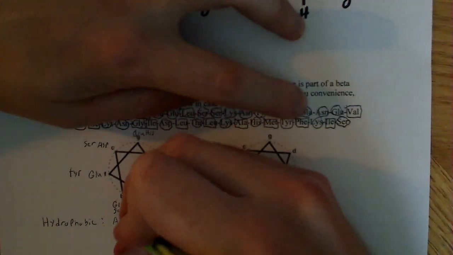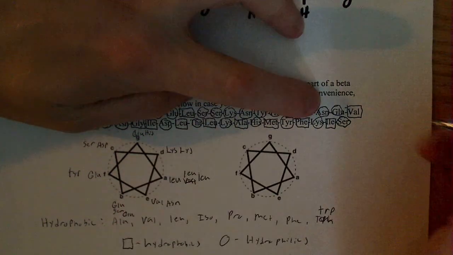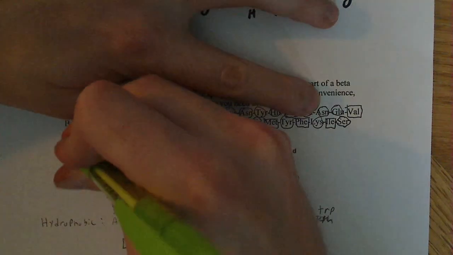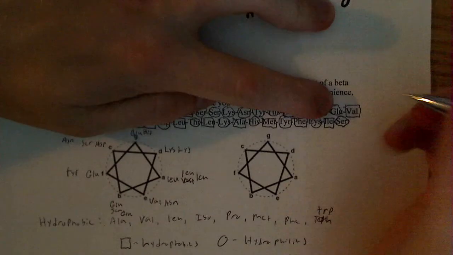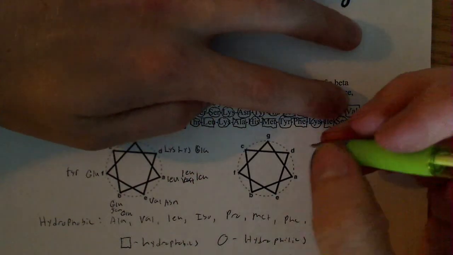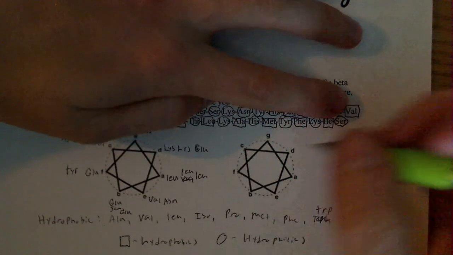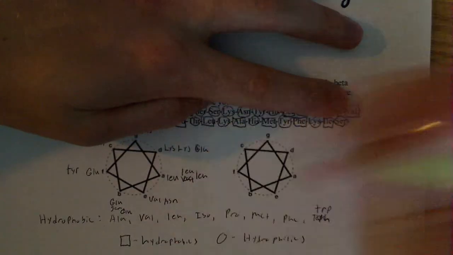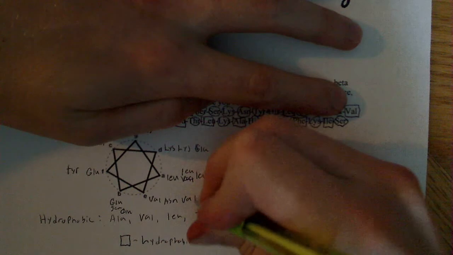And back to A again, so we have another leucine, L-E-U, G-L-U, A-S-N, and rather G-L-U, and over here at E we have again another valine.